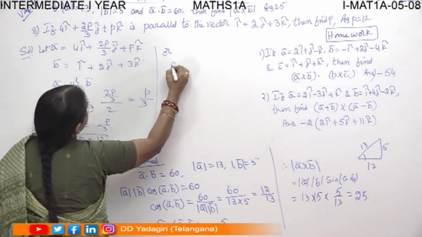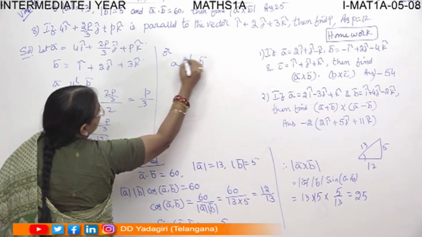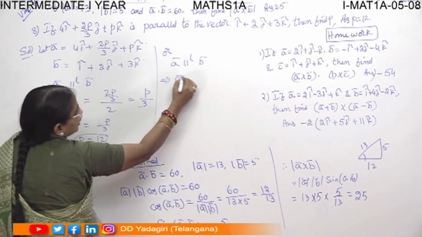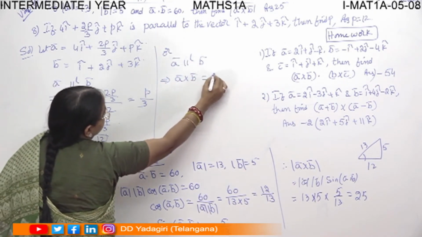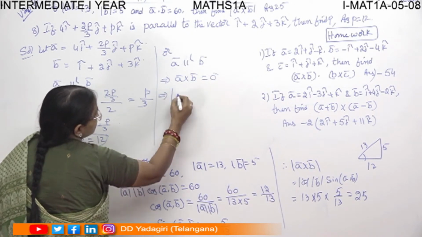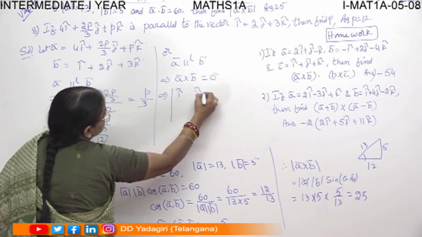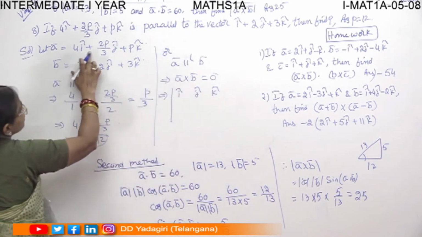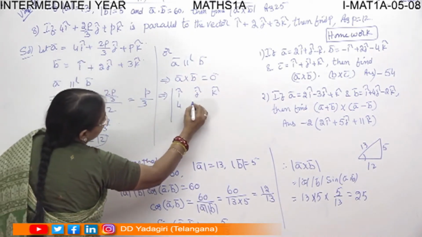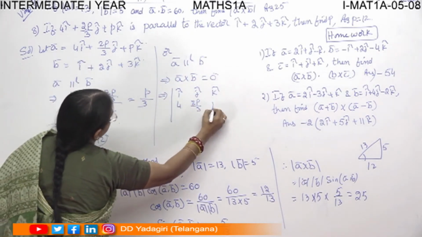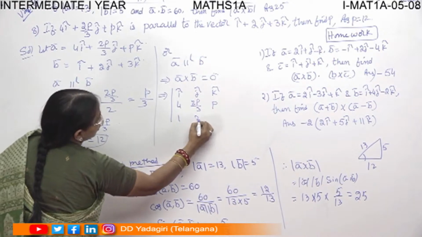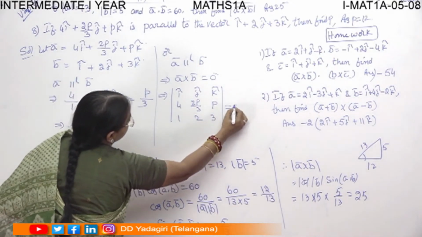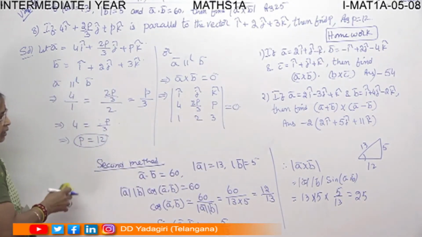A is parallel to B implies that A cross B is equal to 0. That means the determinant of i, j, k, then 4, 2p by 3, p, and then 1, 2, 3 is equal to 0. So we'll write like this.